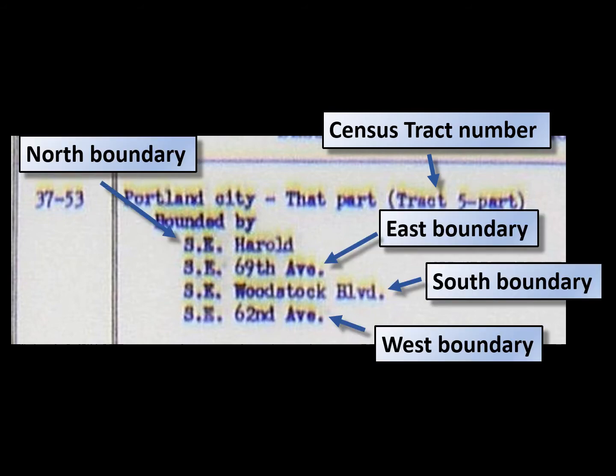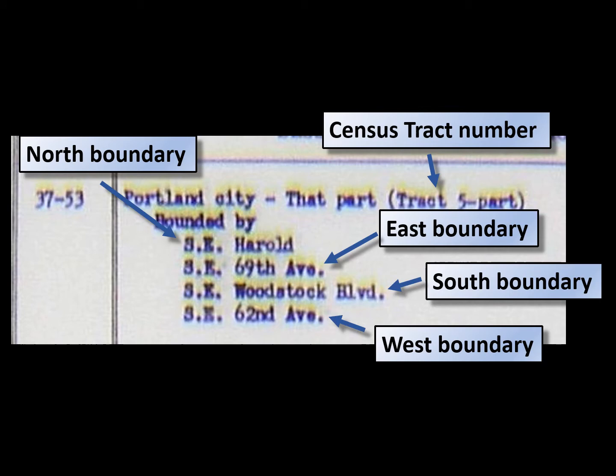And then what happens is that you see 4 lines. Harold is on the north boundary of the enumeration district. Remember, we're not talking about the block anymore. We're talking about the enumeration district, which is composed of more than one block in this case. And then the next line is the east boundary, the third line is the south boundary, and the fourth line is the west boundary.